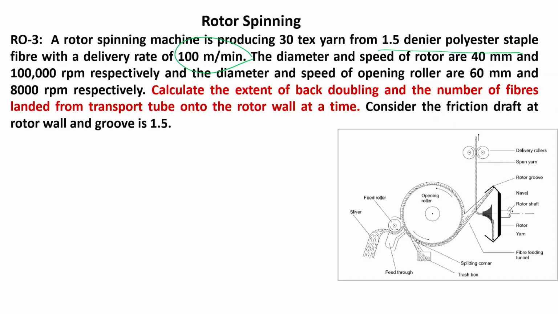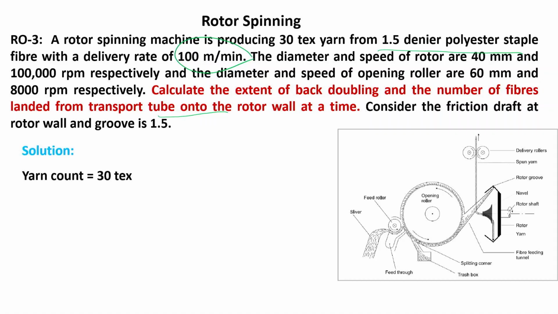The diameter and speed of the rotor are 40 millimeter and 1 lakh rpm, and in the case of the opening roller, 60 millimeter and 8000 rpm respectively. Calculate the extent of back doubling and the number of fibers landed from the transport tube to the rotor wall. The same parameters are asked and friction draft is given on the rotor wall.